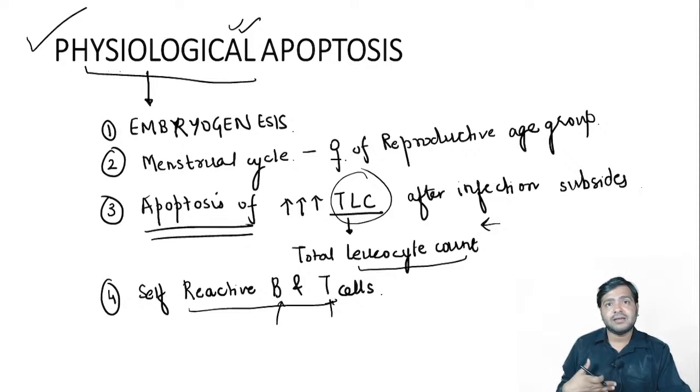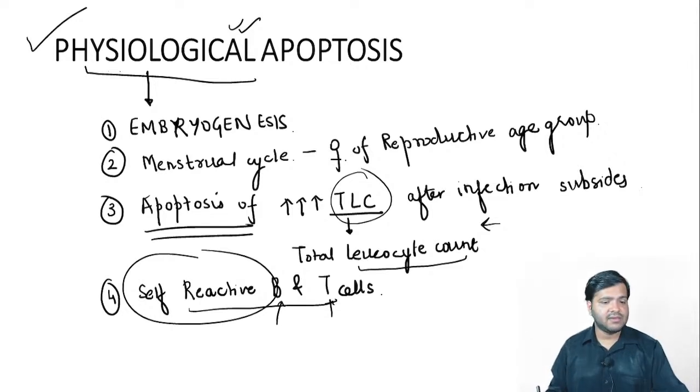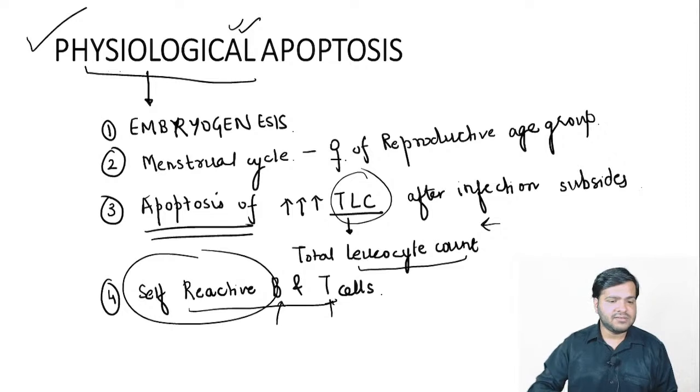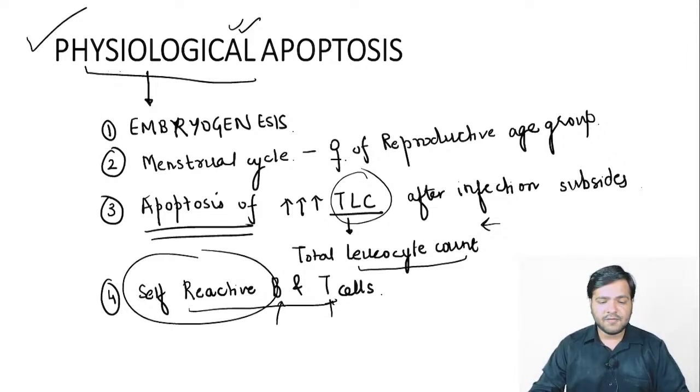They are like harming our own immune system, and in that case the self-reactive B and T cells undergo apoptosis, which are abnormal B and T cells harming our own body, affecting our own immune system. So in that case, the physiological apoptosis takes place. I hope this is clear to each and everyone over here. The physiological apoptosis, the examples I have discussed.